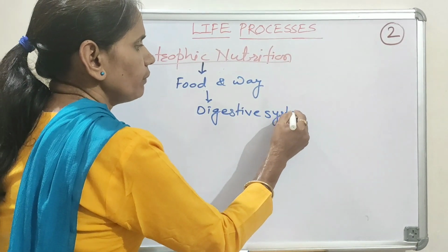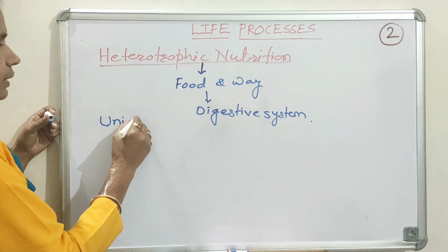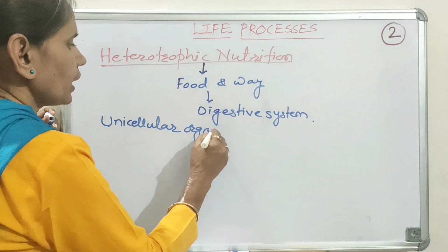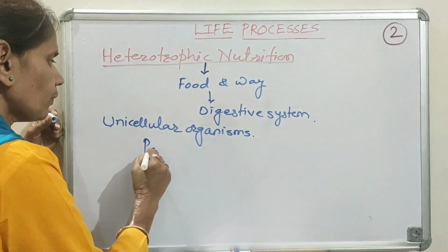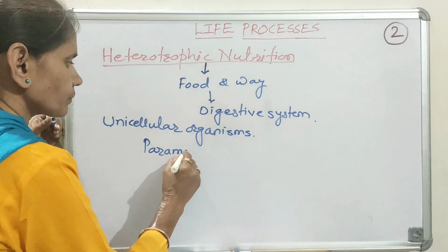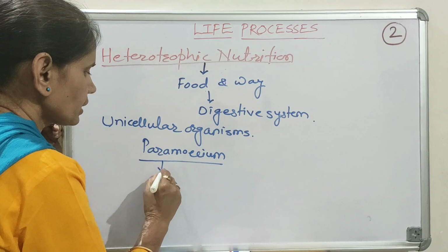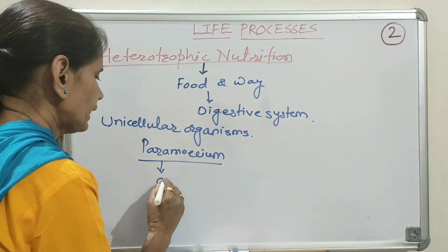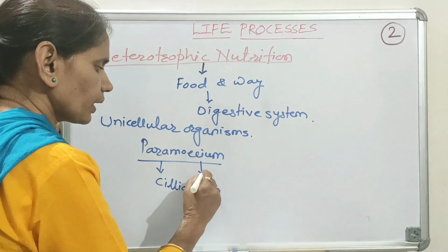Now initially we will take the example of unicellular organisms. There are two different unicellular organisms, such as amoeba and paramecium. In case of paramecium, the whole cell is covered by cilia.